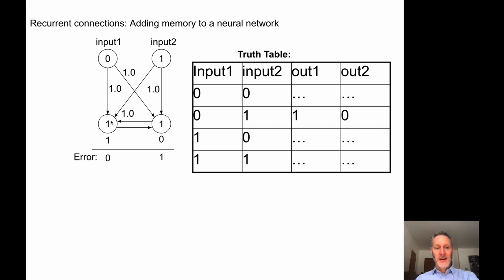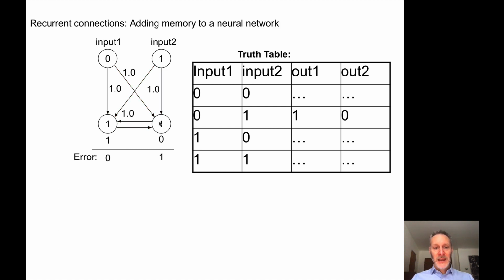In this case, output neuron 1 did what it was supposed to do, but output neuron 2 did not, so there is non-zero error at this neuron. The backpropagation of error algorithm tells us that we should then take that non-zero error and start propagating backwards along all of the synapses that arrive at the erroneous neuron.